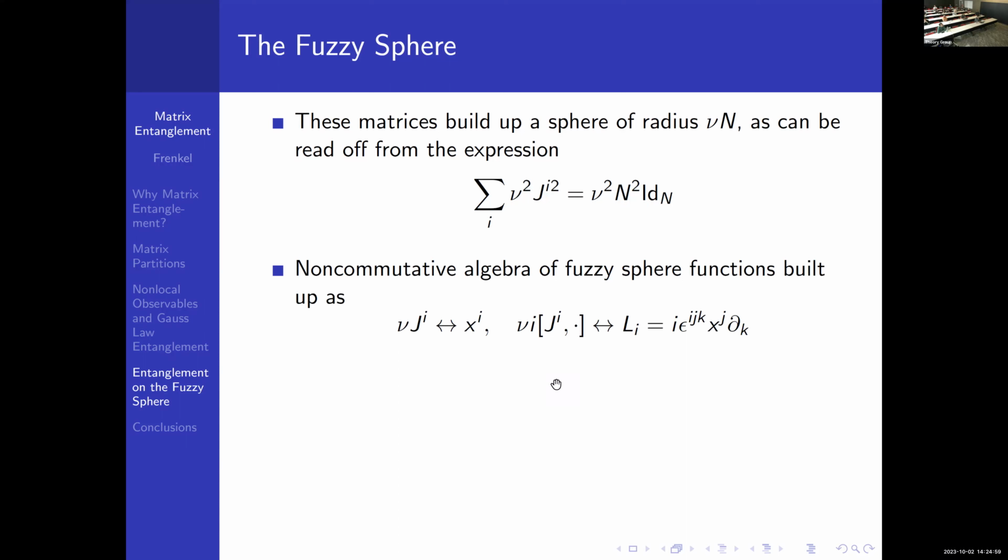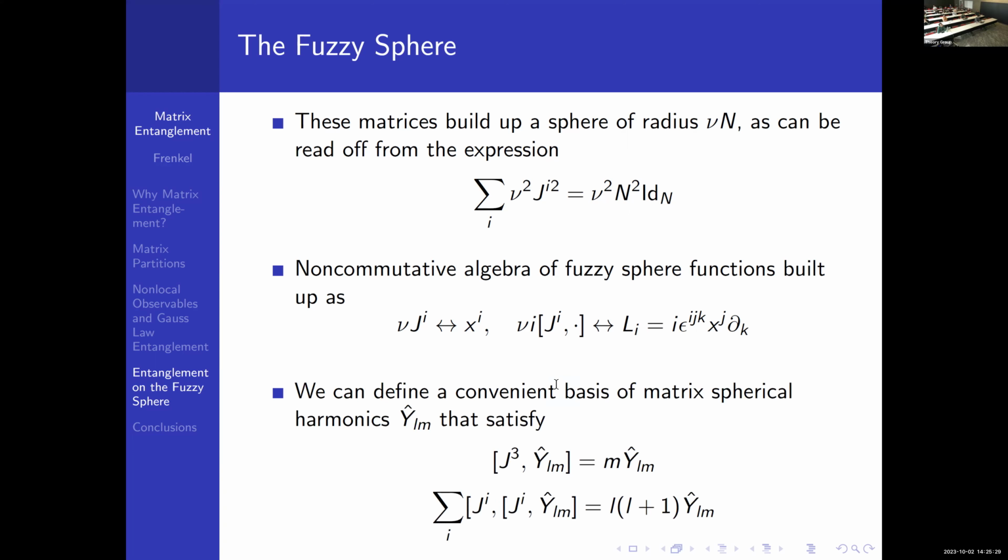And when we have a system like this, the non-commutative algebra of the fuzzy sphere is built up out of the matrices. So each classical minimum matrix J_i is associated to some coordinates along the fuzzy sphere, just because of how we interpret the eigenvalues of the matrix as the position of branes. And commutators of these matrices become derivatives or angular momentum operators, or their fuzzy analogs on the fuzzy sphere.